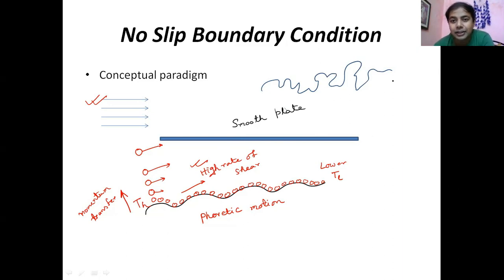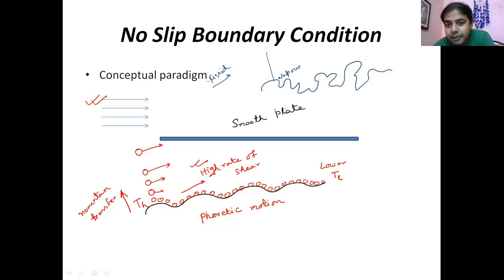This consideration comes because of the roughness. Let me give you the idea here. Consider some liquid is coming. Nearby to the surface, the liquid is converted into vapor.